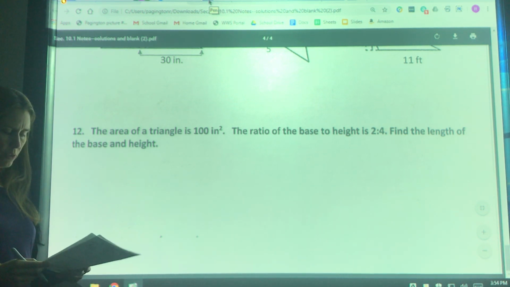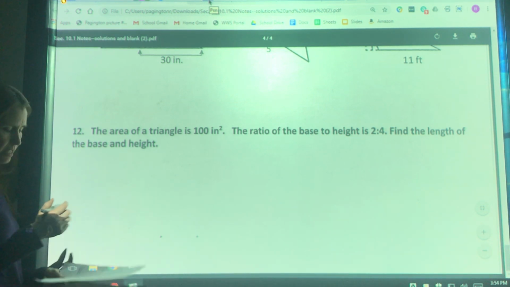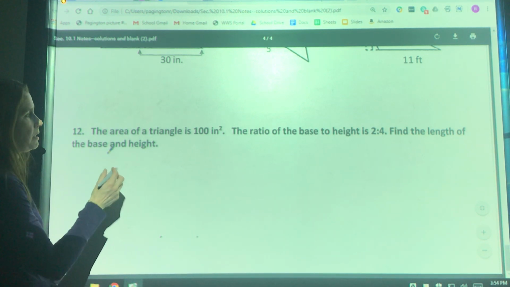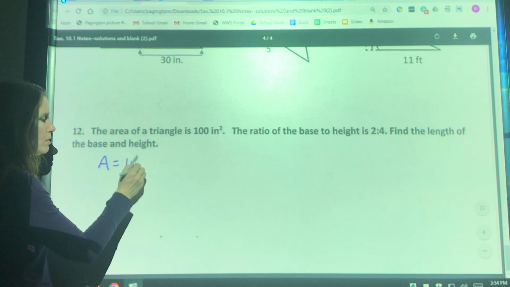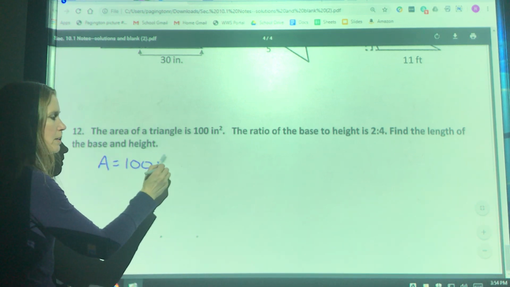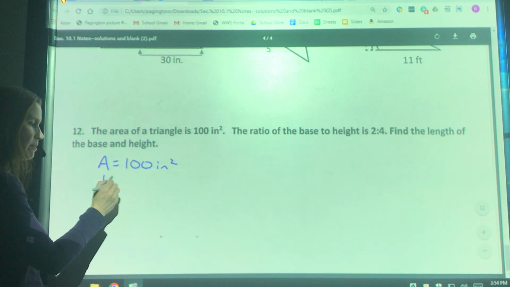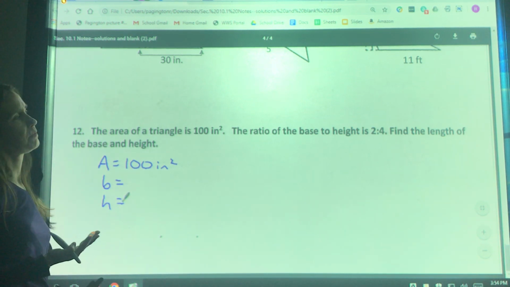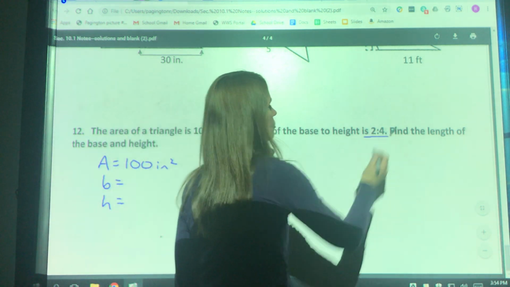So in this particular case, if I think about what's going on here, they're telling me the area is 100 inches squared. They're not telling me exactly what the base and height are, but they're telling me some information. They're telling me the ratio is 2 to 4.